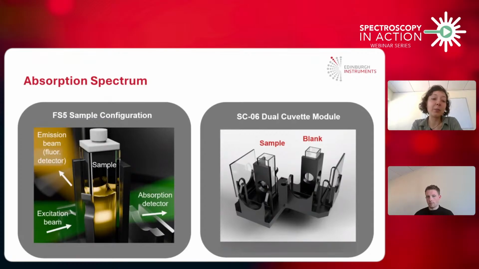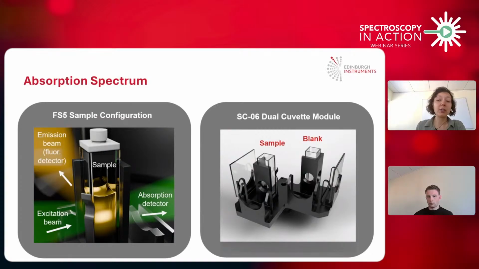In the FS5, I mentioned that it's got two different paths for emission and absorption, although it's primarily a spectrofluorometer. But the absorption detector is included as standard. So here you have a close-up of the sample showing both light paths, with the absorption at 180 degrees from excitation, and fluorescence analyzed at 90 degrees from it.